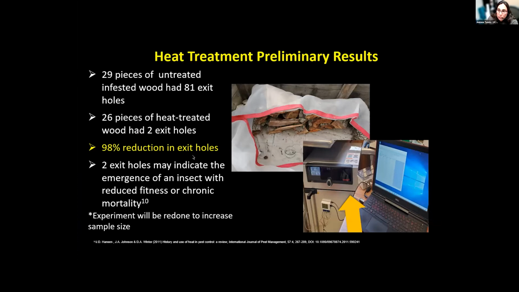The 2 exit holes that I did count may indicate the emergence of an insect with reduced fitness or chronic mortality, or I missed them when I did the original count. We're going to be redoing this experiment this year, so hopefully I'll have a larger sample size to base better results on.